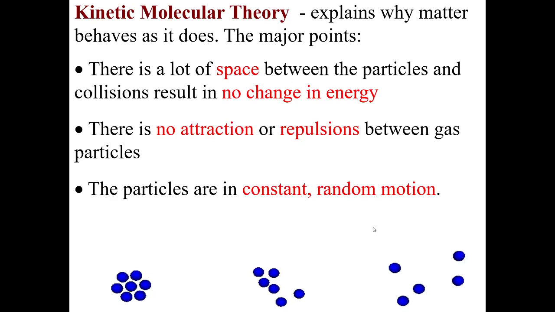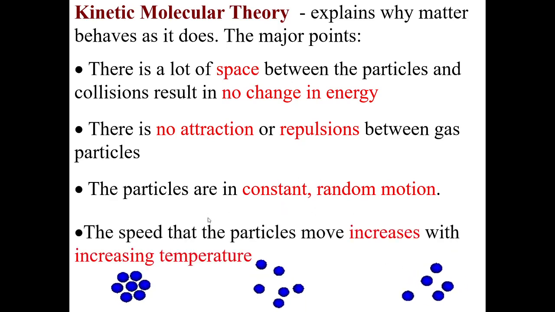Now, that doesn't mean that they randomly change direction all over the place, but there should be a word in here saying linear: constant linear random motion. So they'll follow a line, a motion that they have, until they bump into something else, whether it be the wall of a container or another gas particle. And we'll see a representation of that as we come up here.